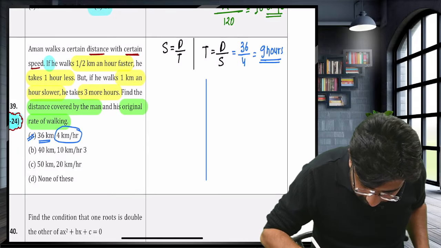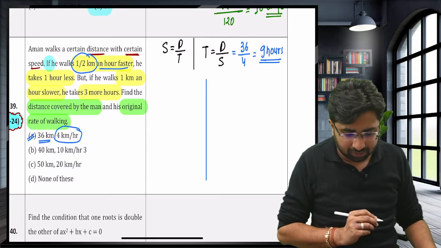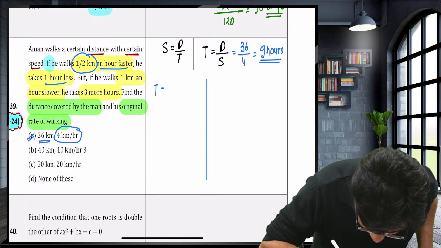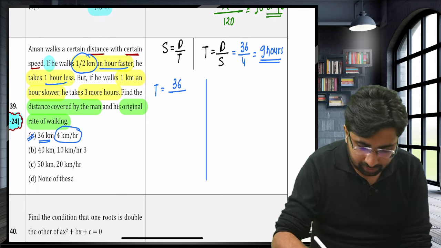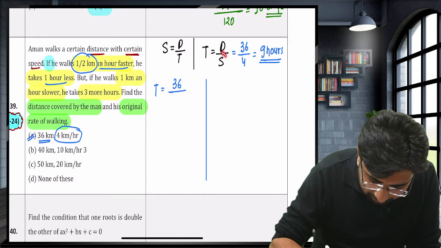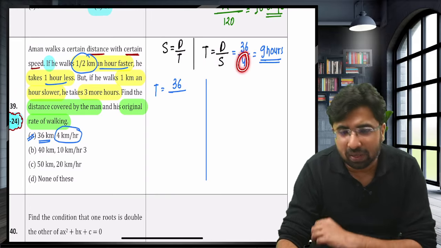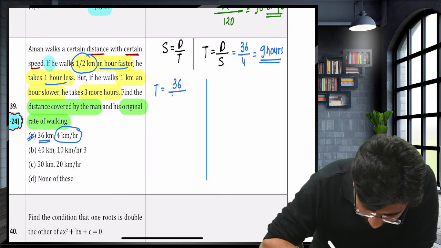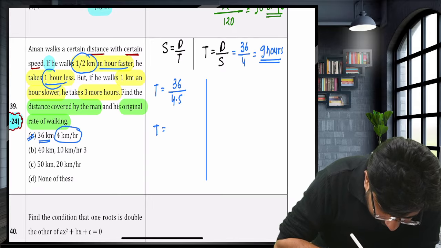Now what is the question saying? Question is saying, if Aman increases the speed by half kilometer per hour, he will take 1 hour less. Let's check. Time is equal to distance upon speed. But this time Aman is planning to increase the speed by 0.5. It means now his speed is 4.5, and the question is saying he will take 1 hour less.